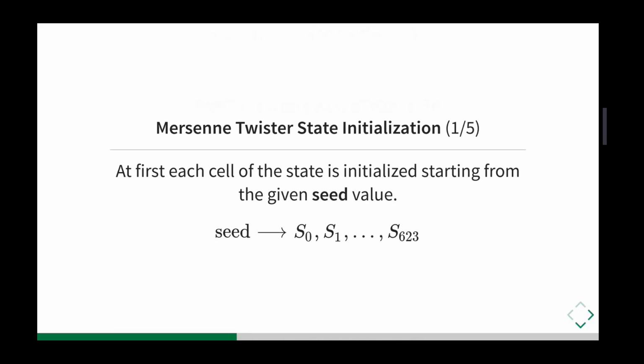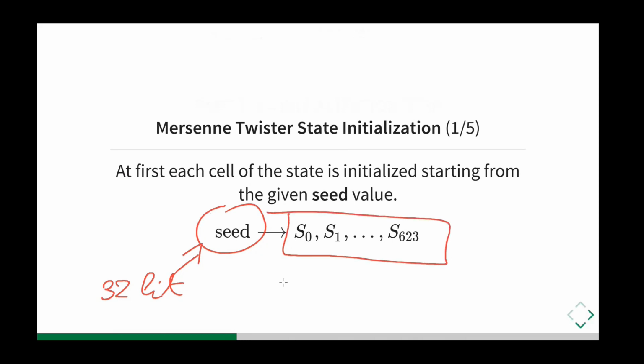So, initialization step. At first, the so-called state values, the 624 integers that make up the total state, are initialized starting always from a seed value. This is a number, generally a 32-bit number, and out of this number I initialize the value of all these other things.